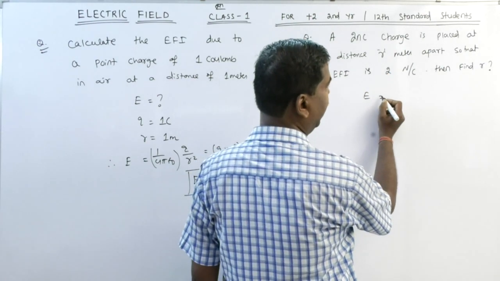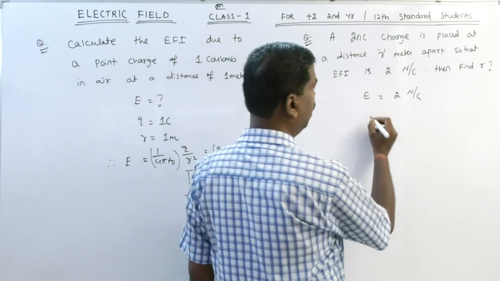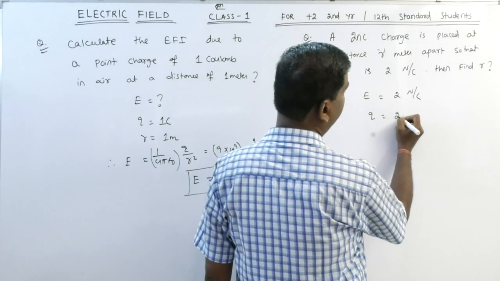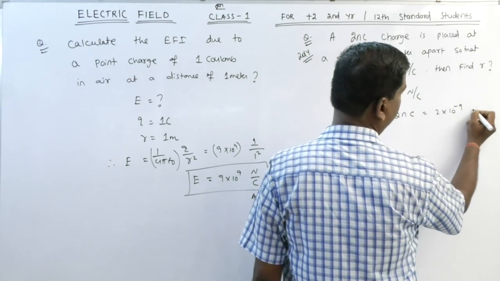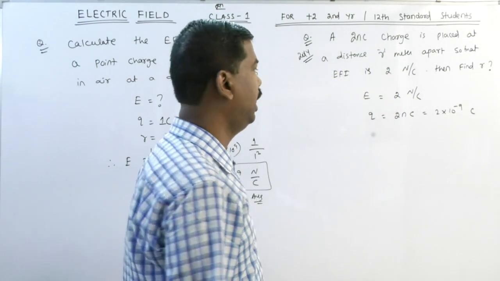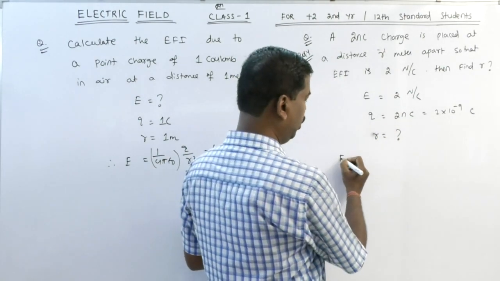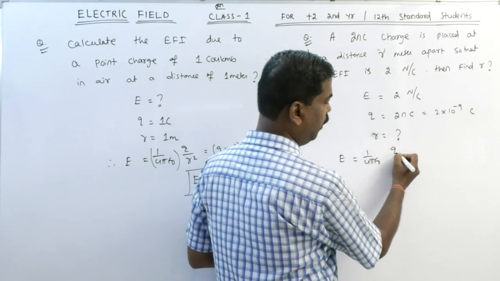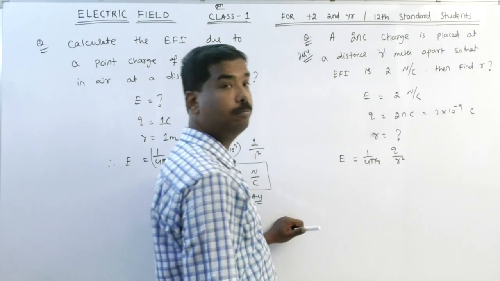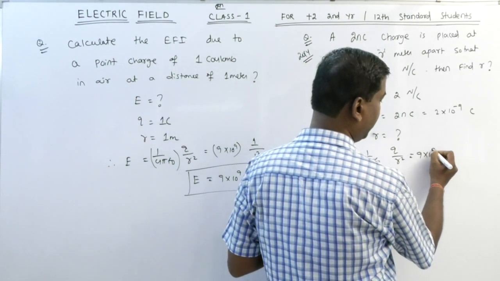So electric field in air is given as 2 Newton per coulomb. Charge is given, 2 nanocoulomb, which means 2 into 10 to the power minus 9 coulomb. E is equal to 1 by 4 pi epsilon 0 Q by R square. Clear? 1 by 4 pi epsilon 0 means 9 into 10 to the power 9.